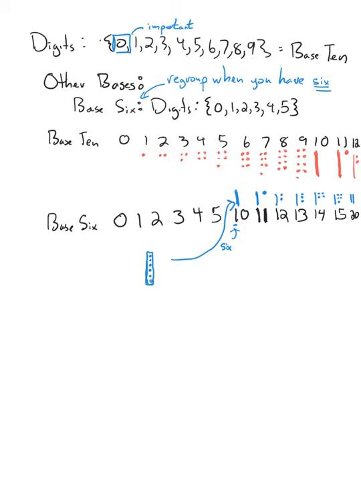But let's do a little example just to make sure you guys understand what's happening here. So I'd like you guys to do the following. Answer what are the next 3 numbers in base 6. And I will say it gets kind of confusing when you have a bunch of different bases around.